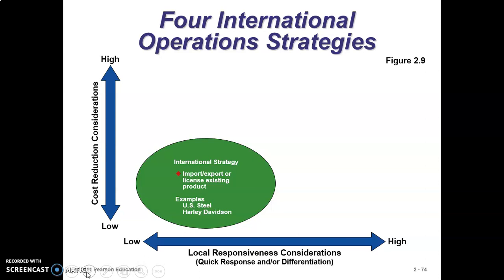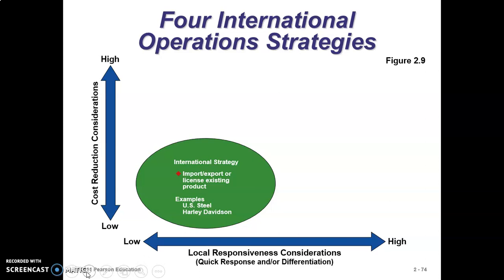So the production is done in the US, and then they just export it to Malaysia and other countries. Most of the process is the same as in the main country.